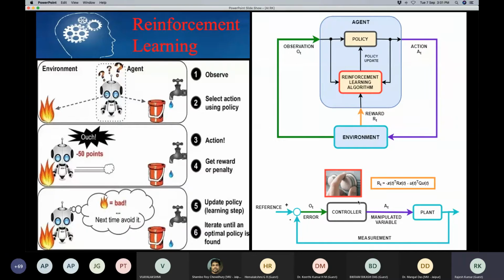The agent takes the reward and observation, follows a certain policy and updates its own learning. That is exactly what happened: it went to the fire side, got a negative reward, followed a policy and updated its learning that next time it will avoid it. This is how reinforcement learning works, and nowadays it is very popular.